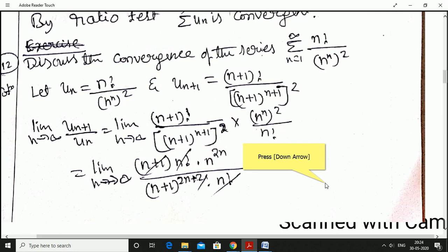(n+1) factorial can be written as (n+1) into n factorial into n to the power of 2n divided by (n+1) to the power of 2n+2 into n factorial. n factorial cancelled. Here (n+1) divided by (n+1) power 2n+2 is there. One term gets cancelled.